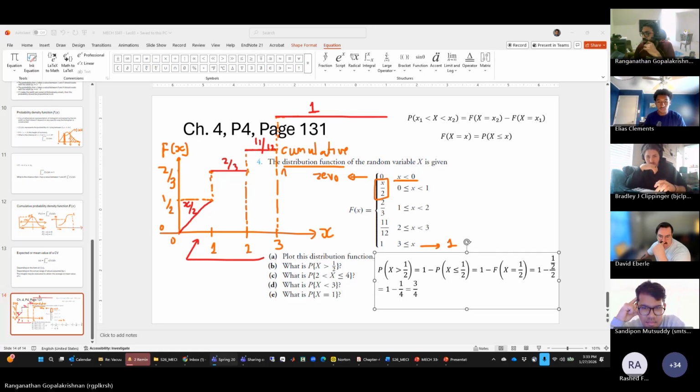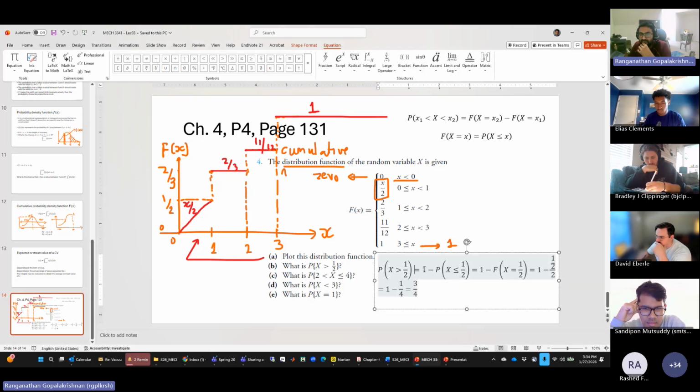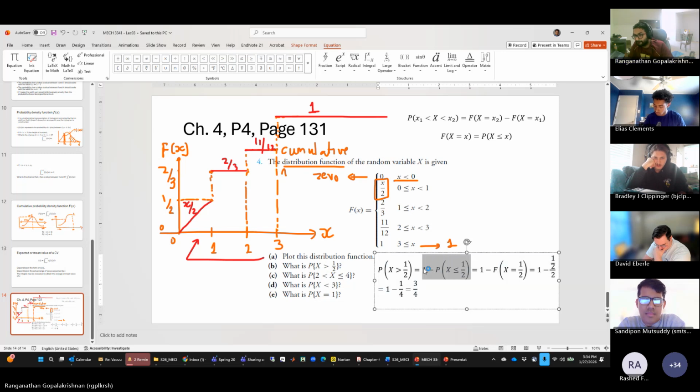All right, let's go over this again. This is what we want. What are the chances that x will take values more than half? That is like saying, what are the chances that x will take less than half, or 1 minus the probability of x less than half? Do you understand this step?